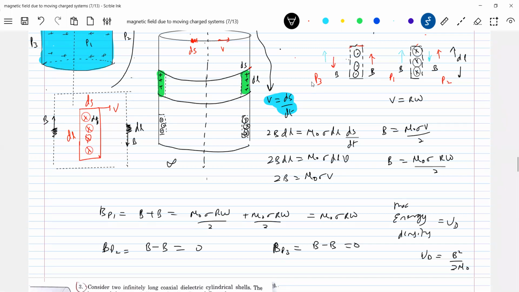Magnetic energy density. Where a field is present, magnetic field energy is said to be present, and we define it as magnetic field energy density, and multiplying with the volume, you'll get the total magnetic field energy. So they may test you on the magnetic energy density inside the rotating cylindrical pipe, non-charged pipe.